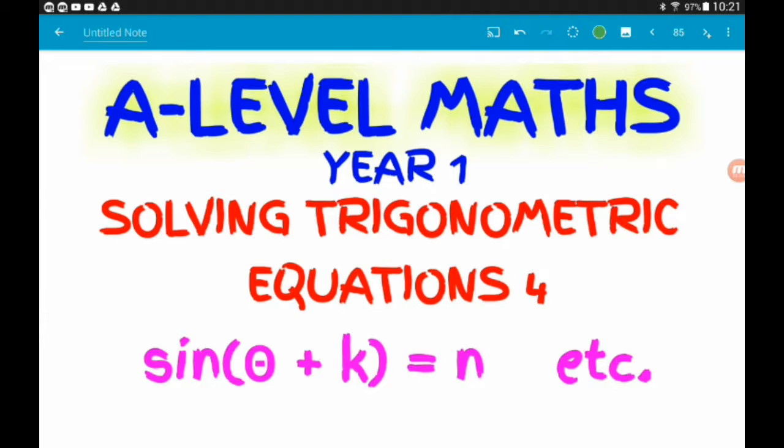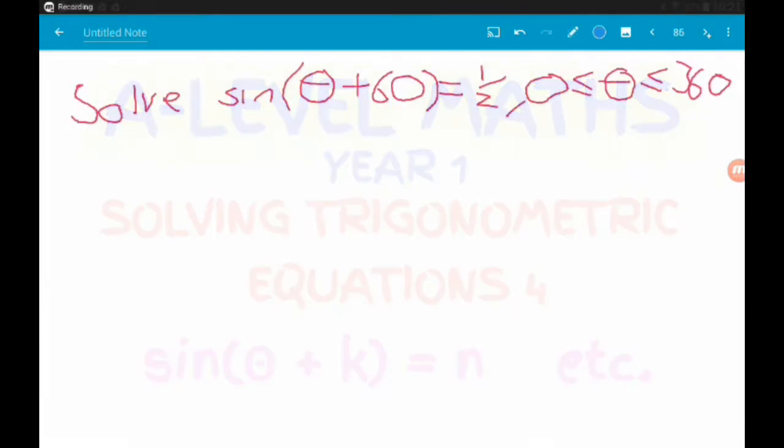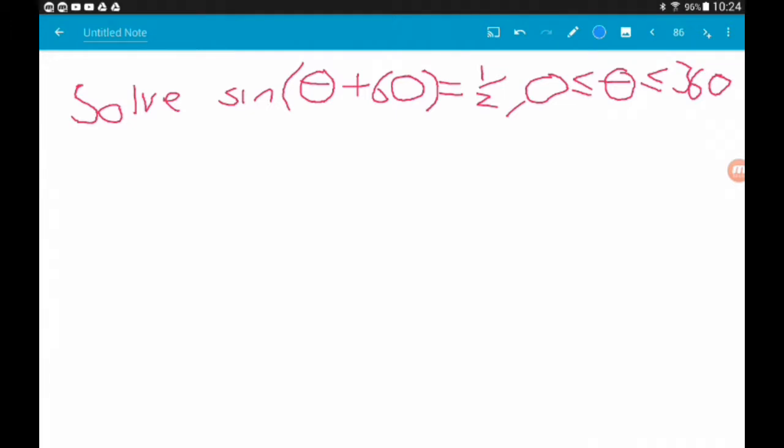So let's crack on. In this example, we want to solve sine of theta plus 60 equals 1/2 for theta between 0 and 360 degrees. The first thing we're going to do here is change the interval. We've got theta plus 60, so we're going to add 60 to all three parts of the inequality.